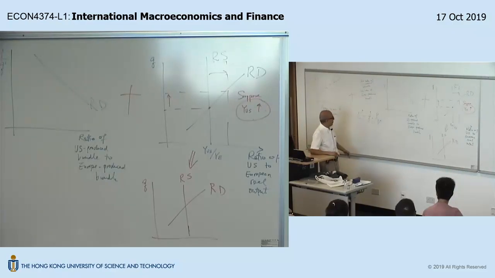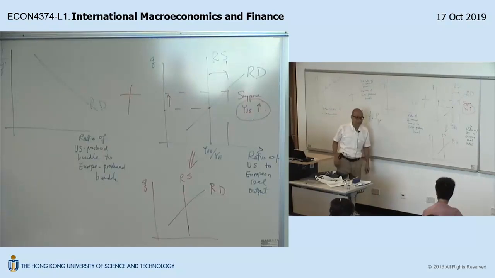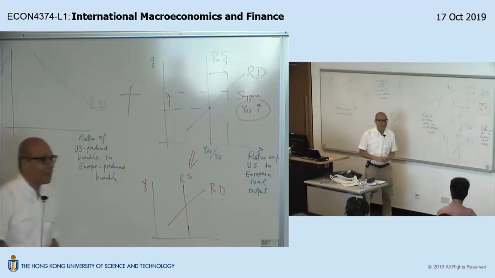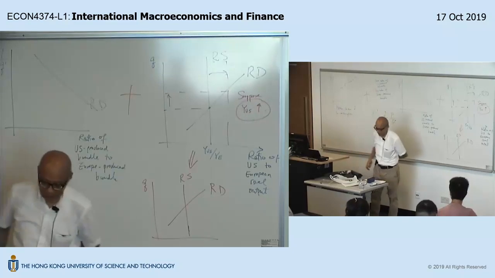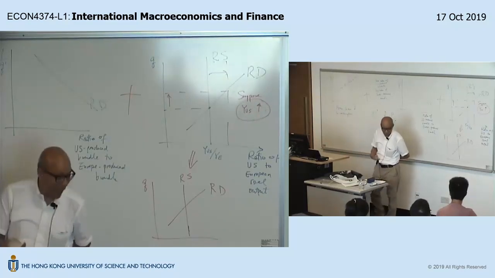Okay, why would the price level change? Because you have more income, so you demand more money? Yes, that's right. You demand more money, so the money demand increases. Therefore the real money demand increases.